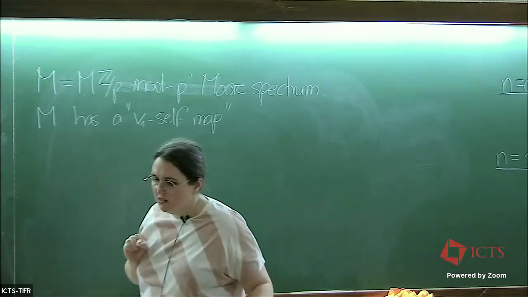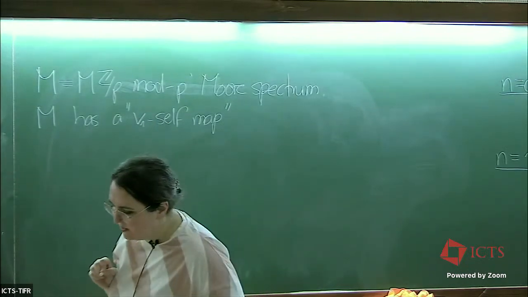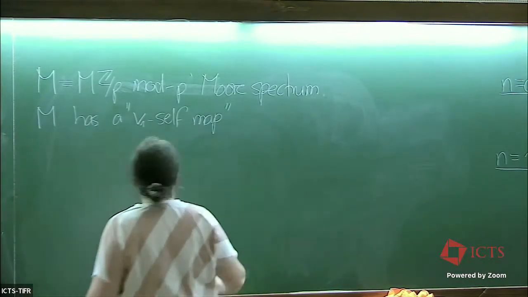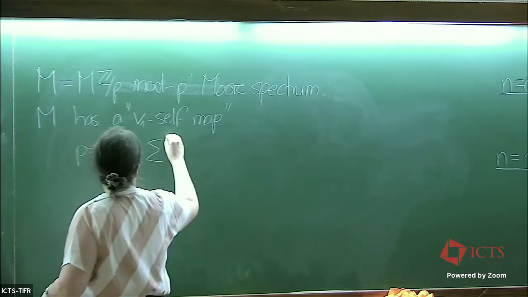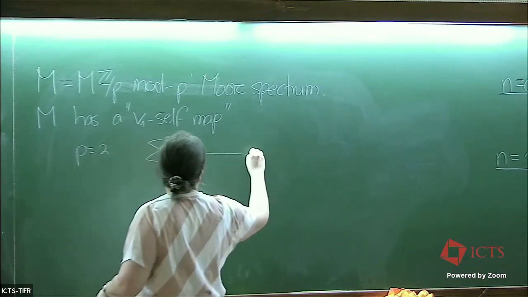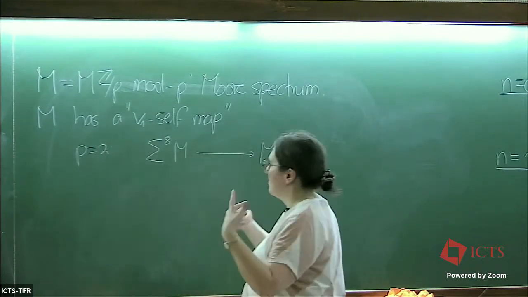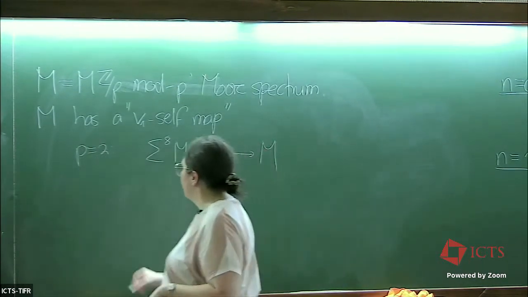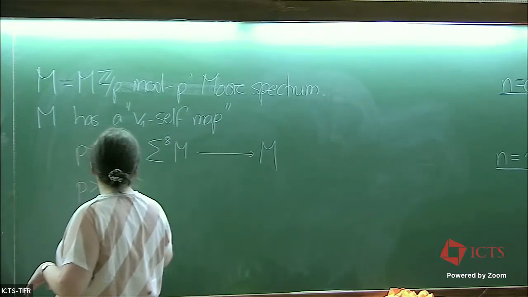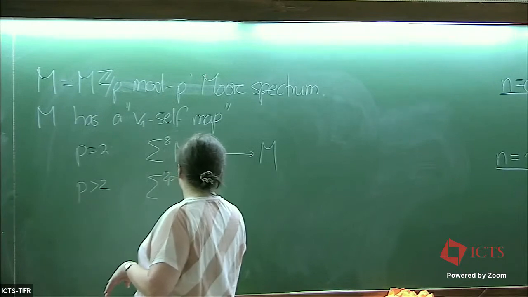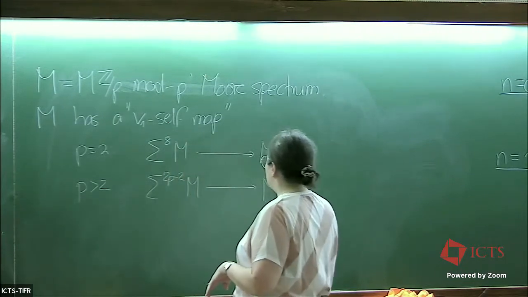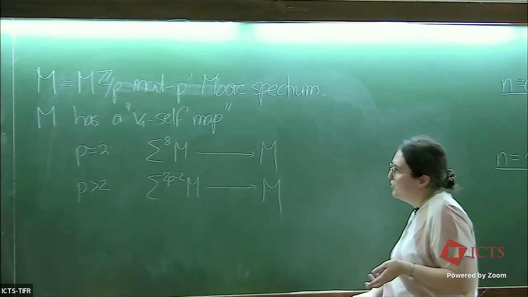Well, what is that? Well, for p equals 2, there is some map like this. For odd primes, there is a map like this.